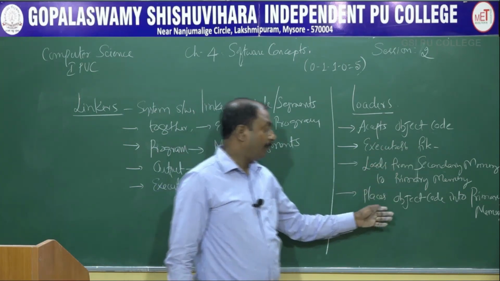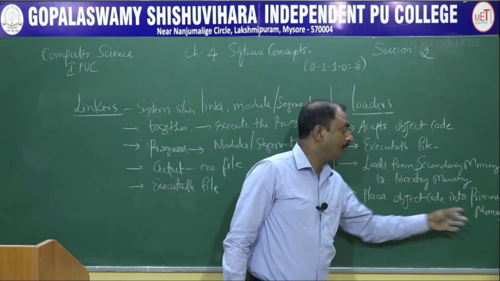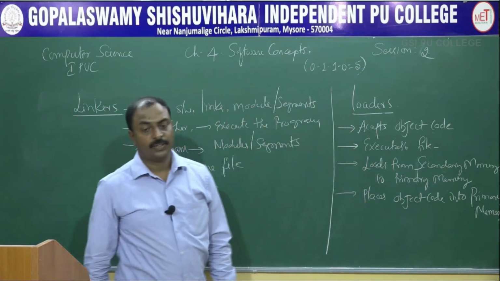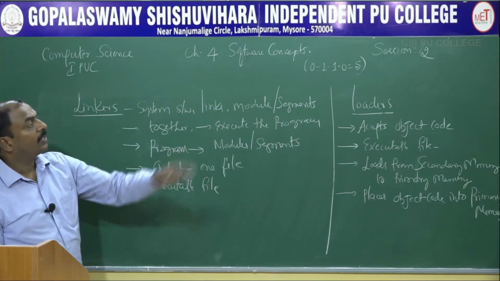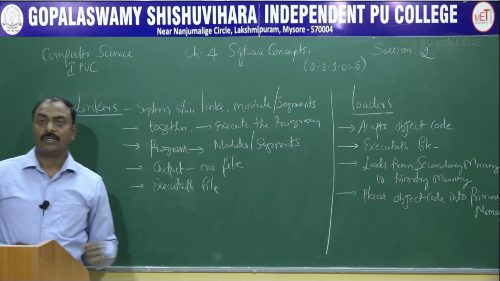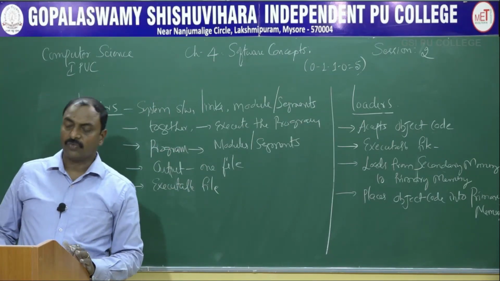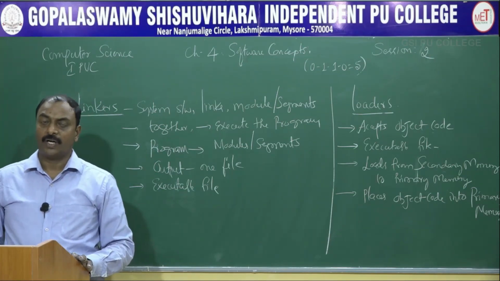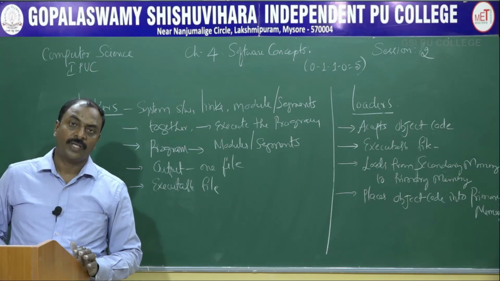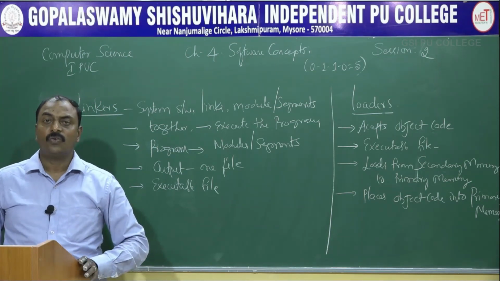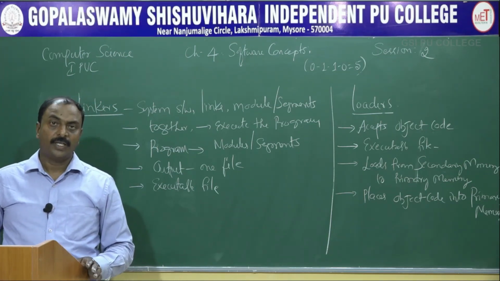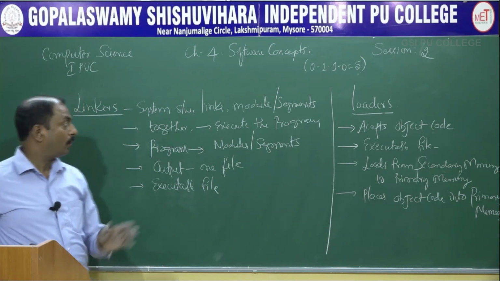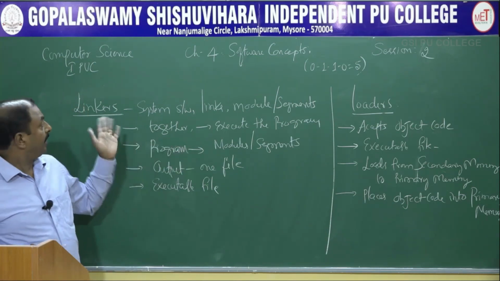In another way, it places object code into primary memory for execution. So this is about loaders. These are our utility software. Utility software is designed for proper functioning, and assists the computer system. Under that we have loaders as well as linkers.